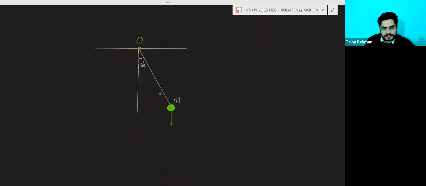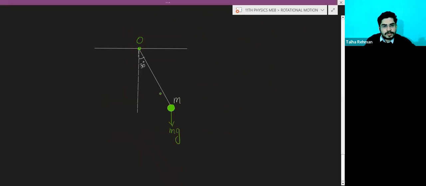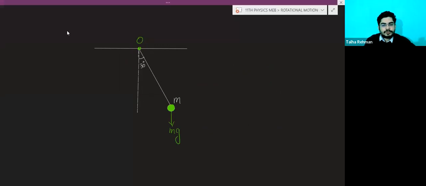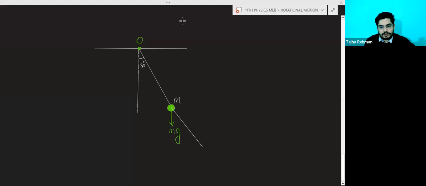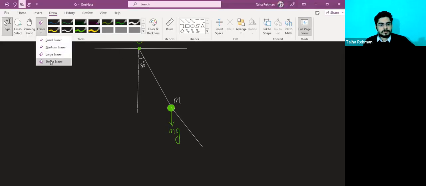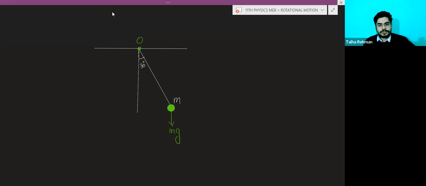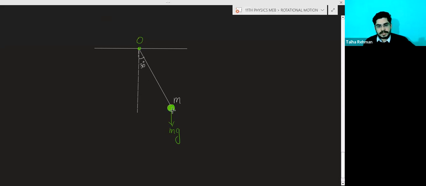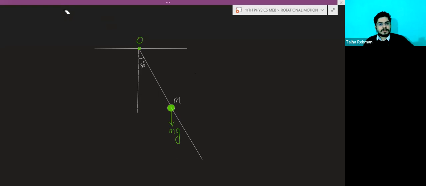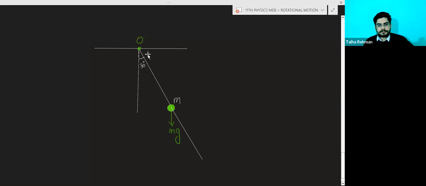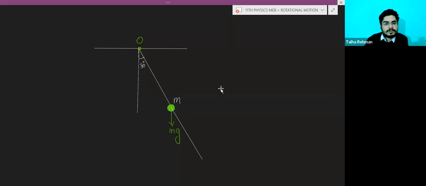Okay, so mg is acting in this direction. What you should do now is extend this line like this. I am not able to make this line properly.